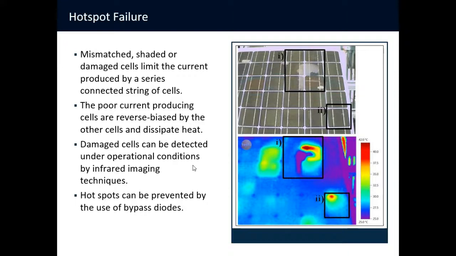A mismatched cell can result in quite a significant hotspot, which can then cause a burn or a fire hazard in some way. So it is very important that these mismatched cell issues are detected and dealt with when they are found.